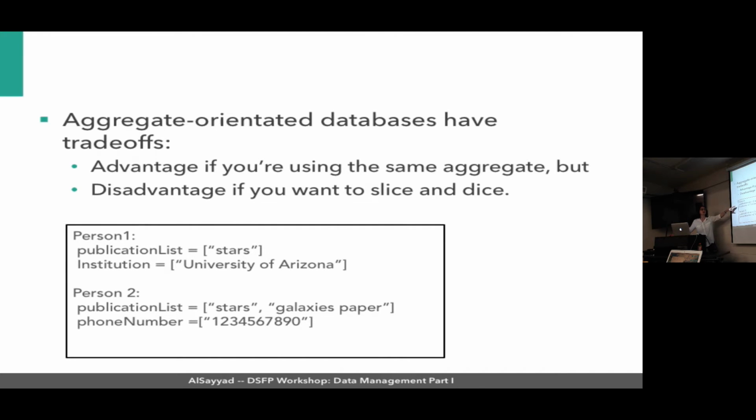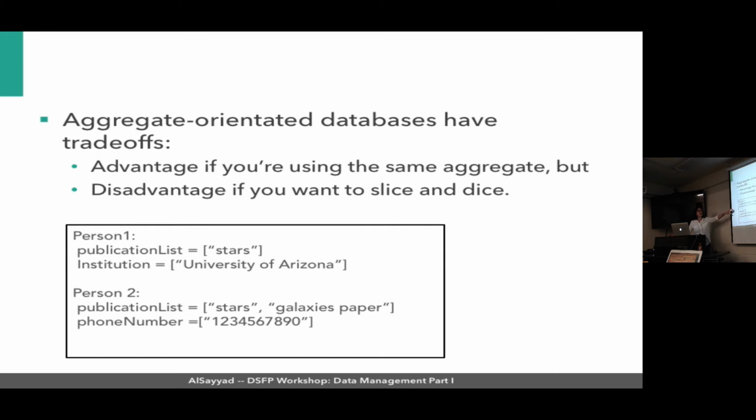So it could include their publication list, their institution. There's no guarantee that every value will have the same collection of data. This is what we mean by schemaless. This puts a burden on the application programmers, because you can't assume that data is going to be in your records. You have to write the code that handles that.